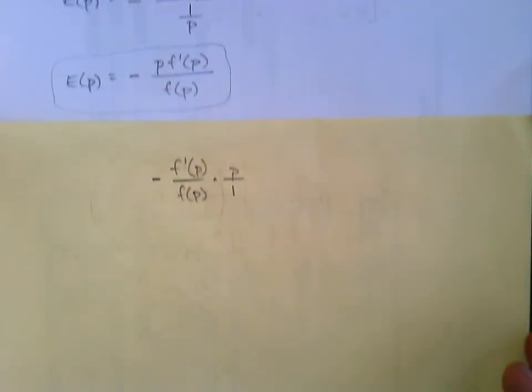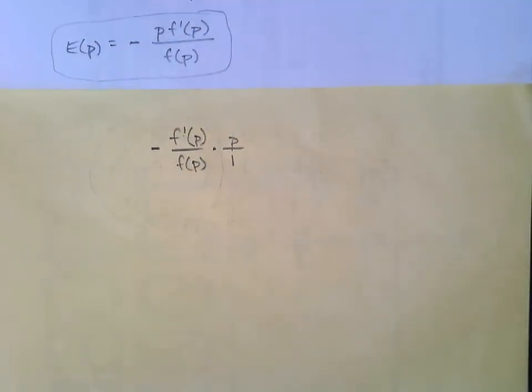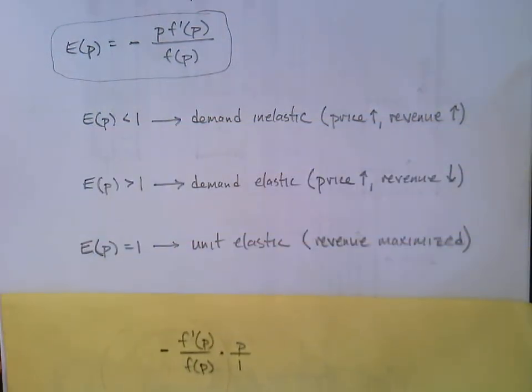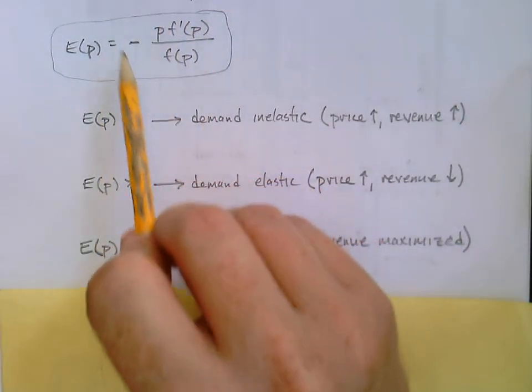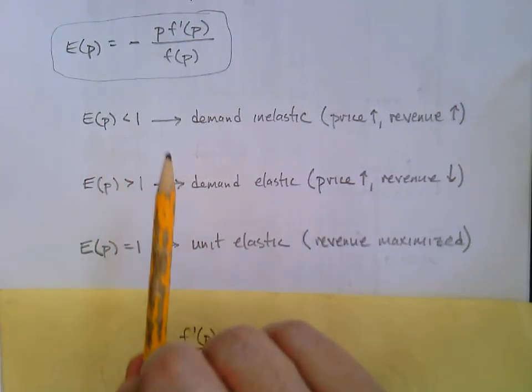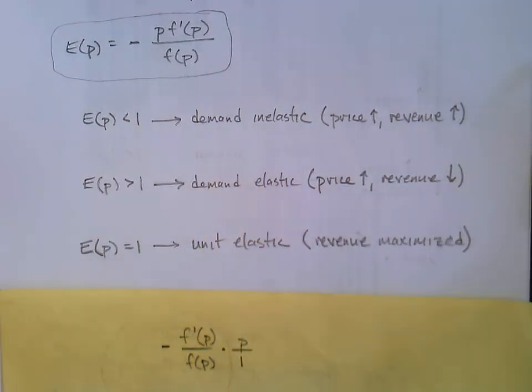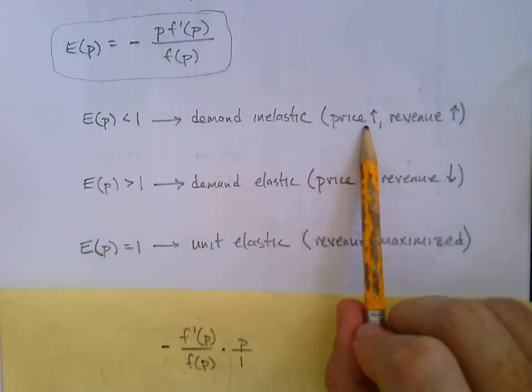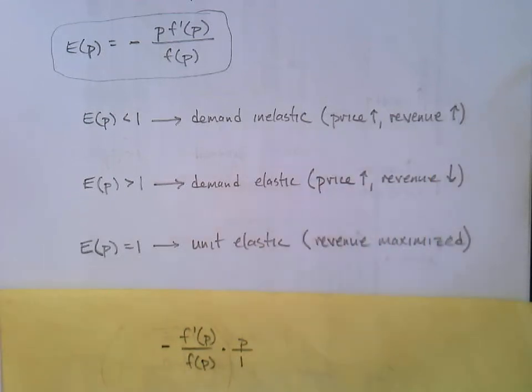Along with that, we should note just what different results will mean. So let me show you all of this. After doing this calculation, if we get a value less than 1, then we say demand is inelastic. What would that mean? It means if we make our price higher, our revenue is going to go up as well. They say inelastic because it's like there's no give.